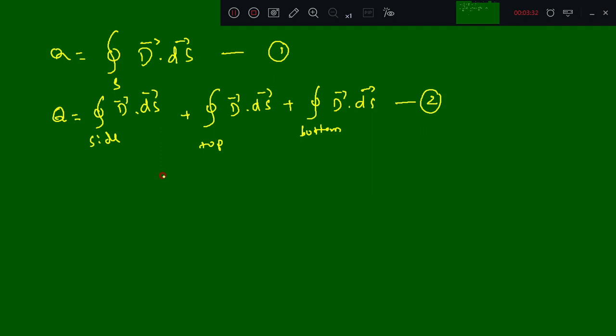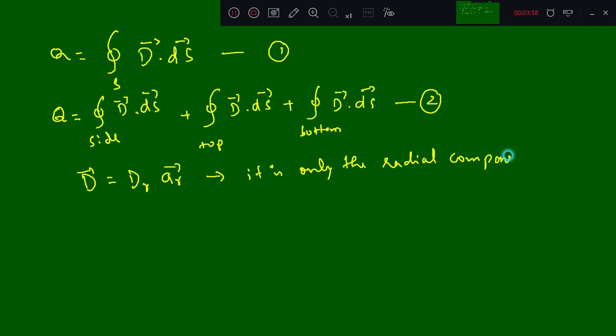Now, what is D in this? D is nothing but Dr into aR, because it is only the radial component. Okay, so D we got. Then what is dS?